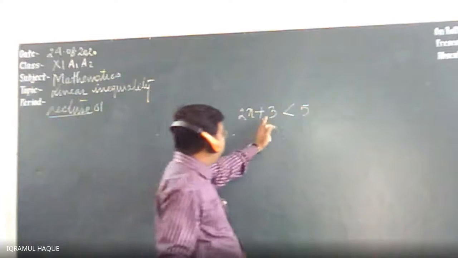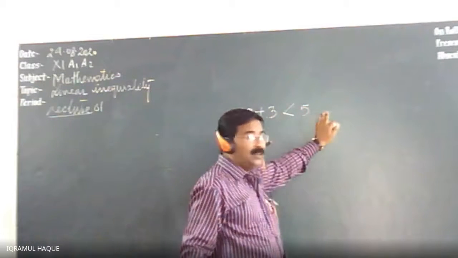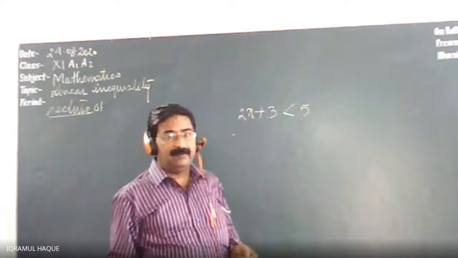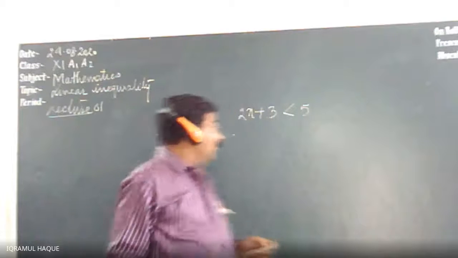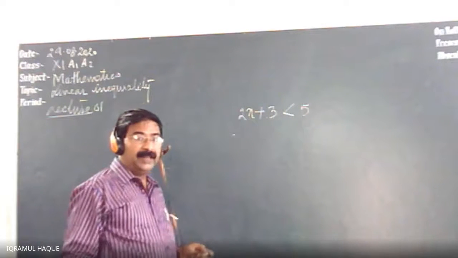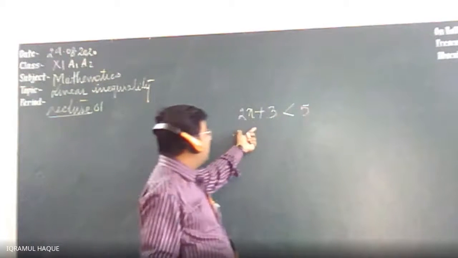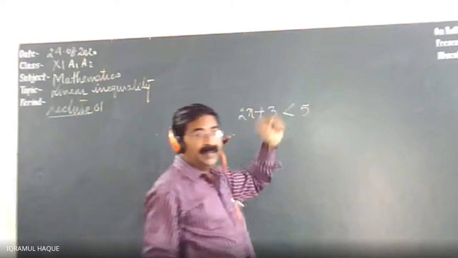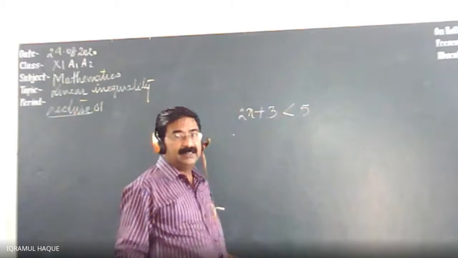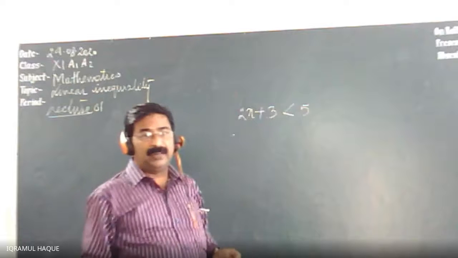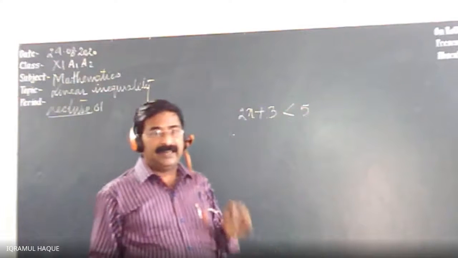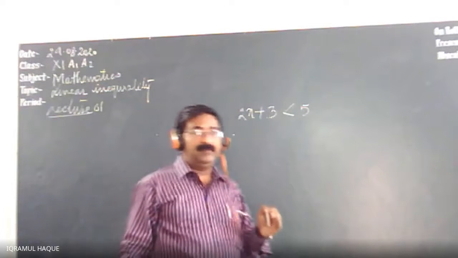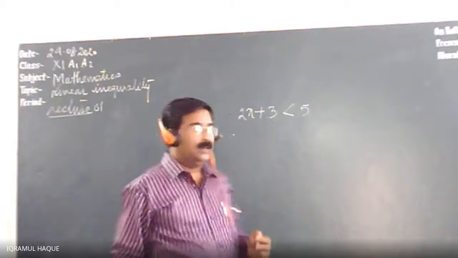If you shift any number from left to right or right to left, its sign will change according to the algebraic rule. Now, if you multiply the inequality by a negative number on both sides, the sign of inequality will be reversed. It means if it is less than, it will reverse into more than.